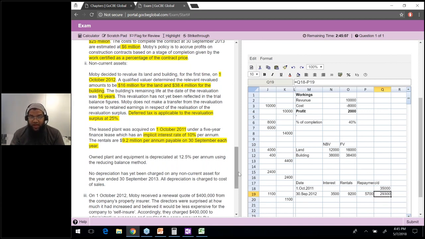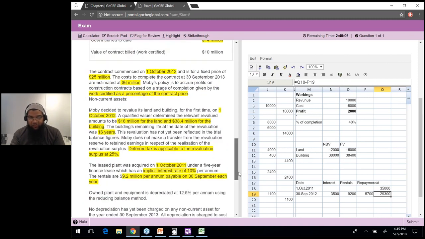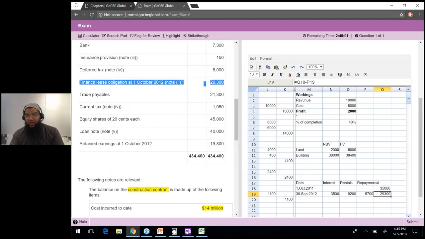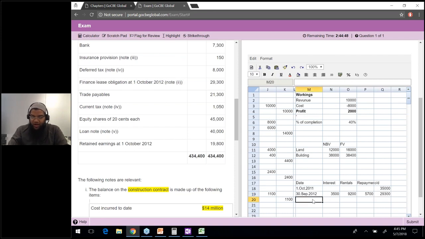This value should be there in the trial balance, and if you see, this is there 29,300. So we are going on the right track. These are the values that the question has already incorporated and already accounted for. Now we need the accounting of 30th September 2013. So what we do is simply copy this and paste this, it will automatically calculate the values for the current year.